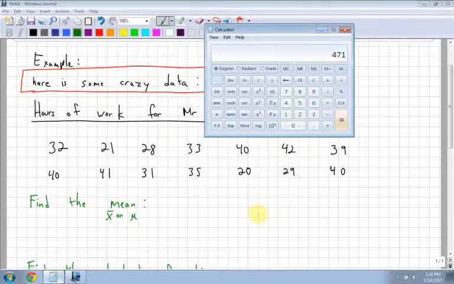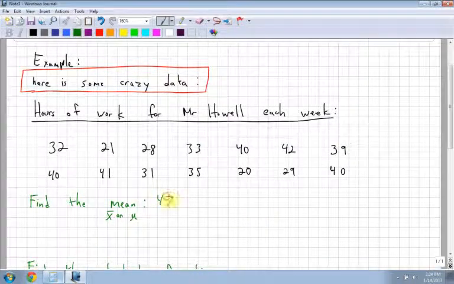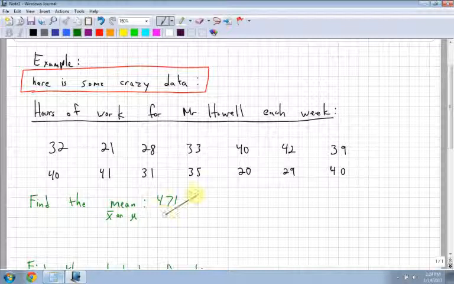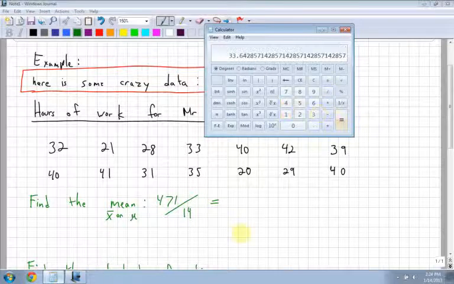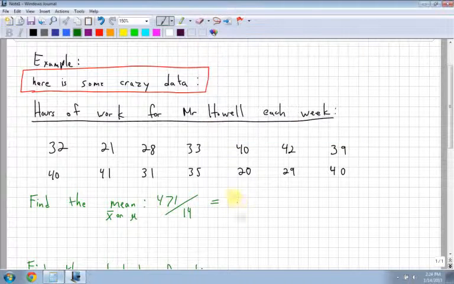So I added them all up, I get 471, and then I divide by the number that there are, which was 14, right? So for 14 weeks, I divide by 14 and I find the average amount per week is about 33.64.